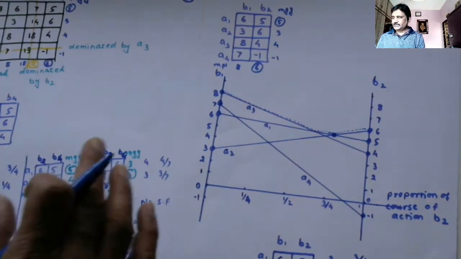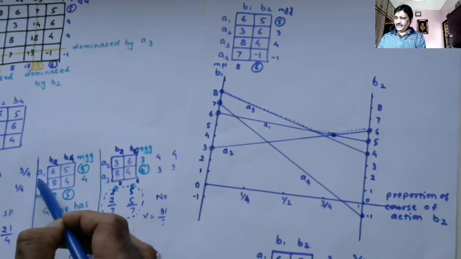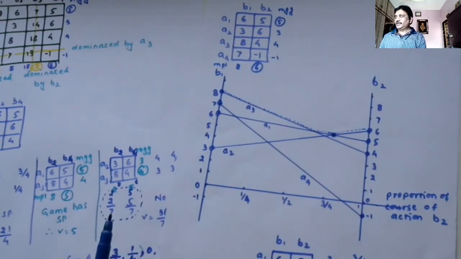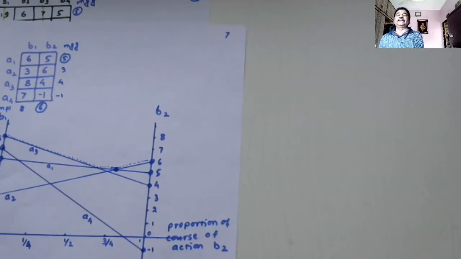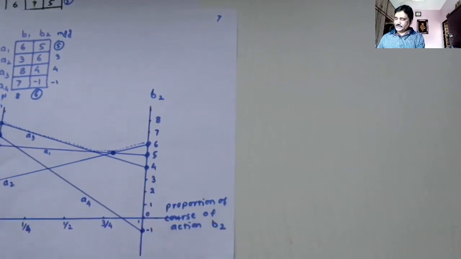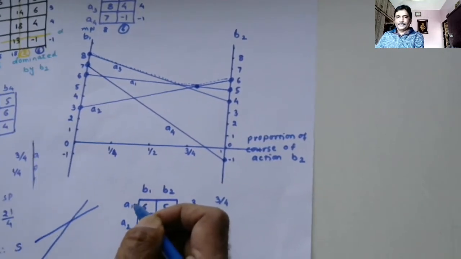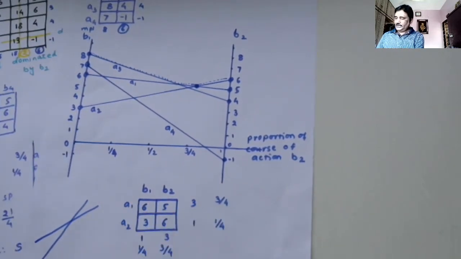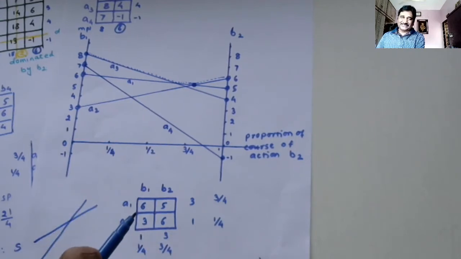So just look here, the same game we have solved by subgame method, and here is the game with A1, A3, and it has saddle point, and that is signified in graphical method by the two lines going in one direction and intersecting. They may go up. Some of the lines may go up and intersect. If one line is going up and the other is going up like this, or the line is coming down and another is coming down like this, then there is a saddle point between these two courses of action.